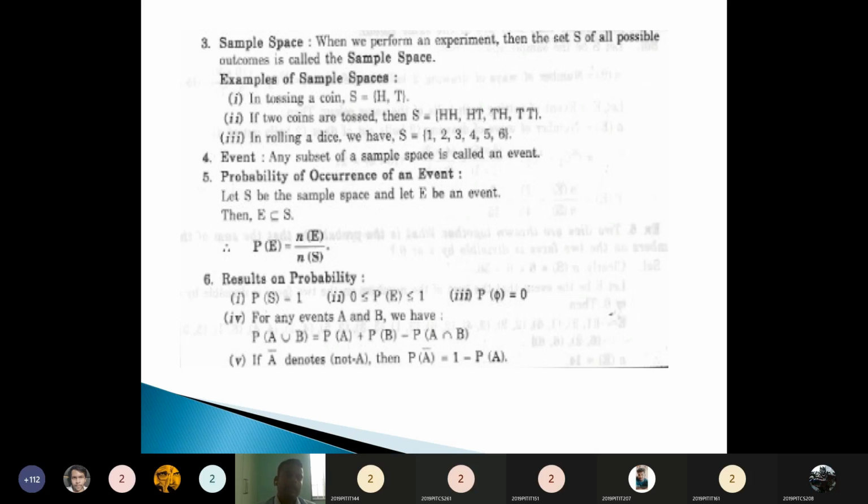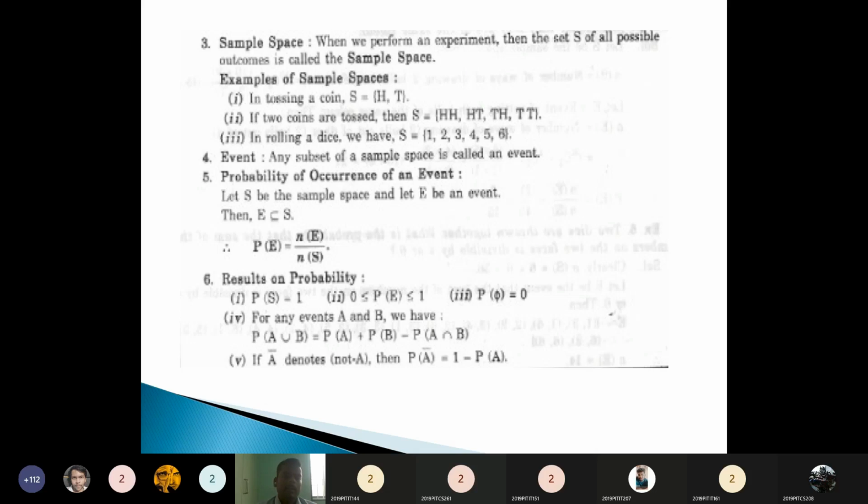P of B is equal to N of B divided by N of S. P of A intersect B is equal to N of A intersect B, the number of elements common to events A and B, in the numerator, and the total number of sample points in the denominator.